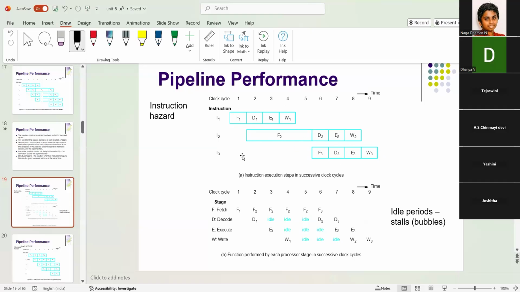So here, instead of finishing in 6 clock cycles, it is getting over in 9 clock cycles. There are 3 instructions and 4 stages, so it should have happened in 6 clock cycles. Now because of the delay, it takes 9 clock cycles. And here the stalls or the idle periods are what they call bubbles. That's all.